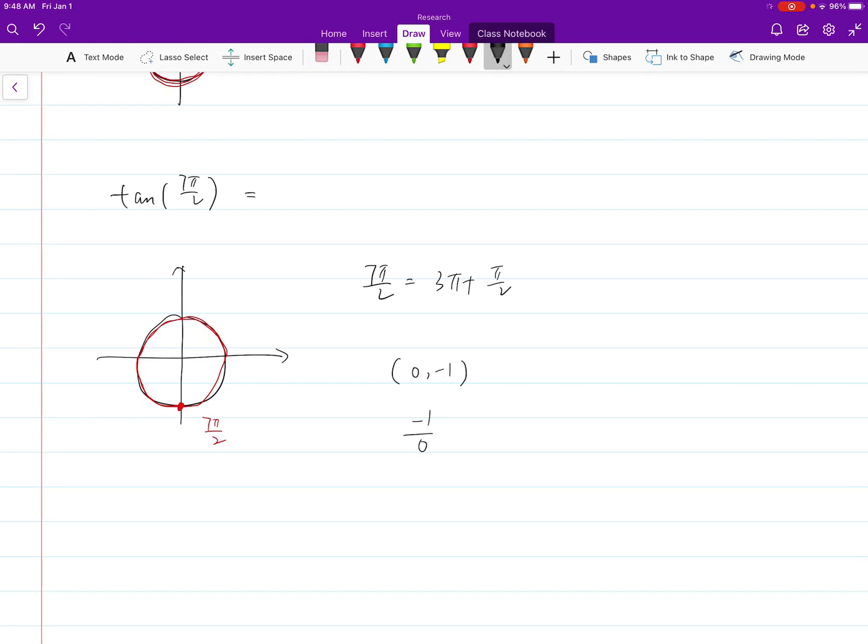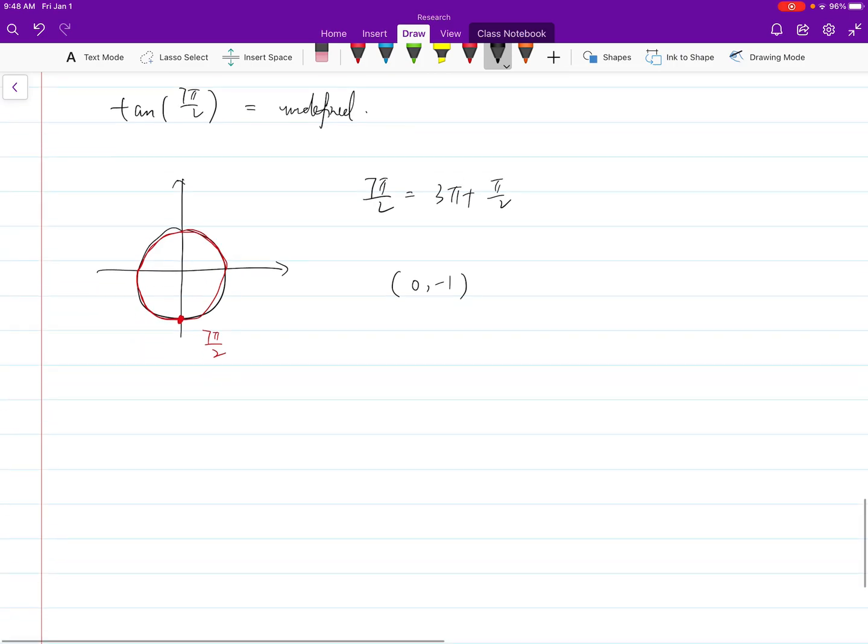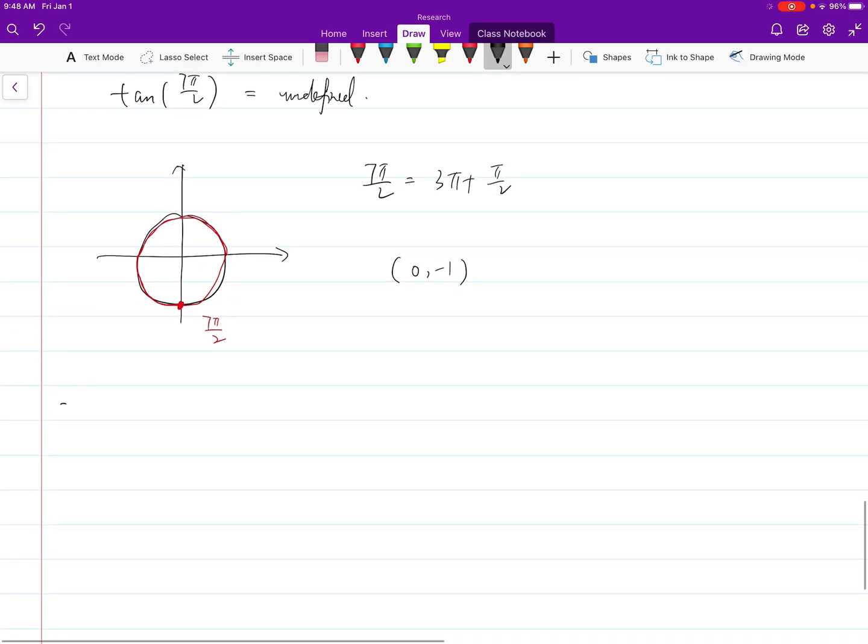What's the tangent here? That's going to be y over x, where the point is given by 0 and -1. Y over x, -1 over 0, undefined. Or if you memorize it, this actually belongs to pi over 2 plus n pi, where n equals 3. Therefore, it's not in the domain. But either way, this is undefined. Okay, so same as before. We can do this.